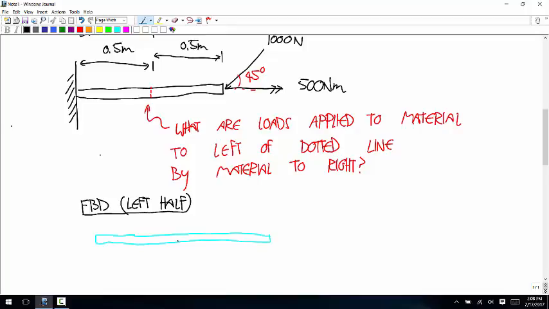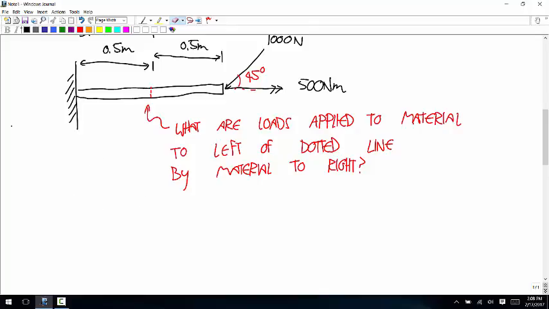We're just isolating this. No, we can't do that yet. Sorry, that's a screw up. Erase all that or scribble it out. First, we have to calculate the external loads. Okay, so first we have to calculate the external loads applied by the wall.